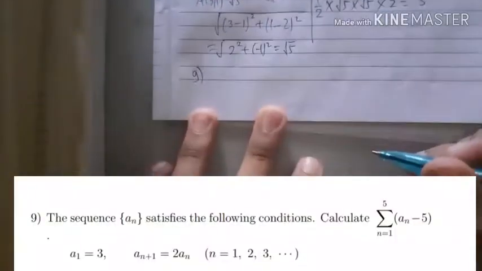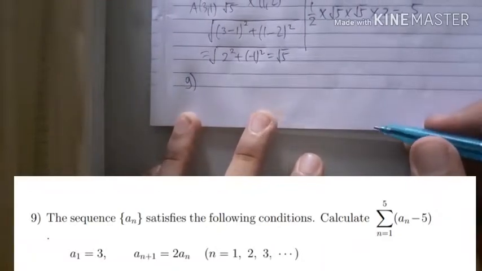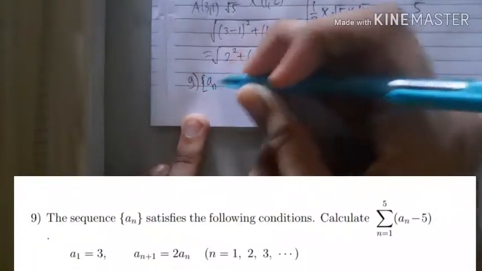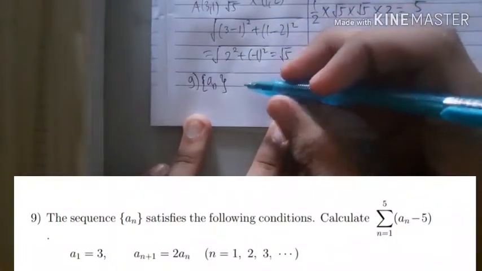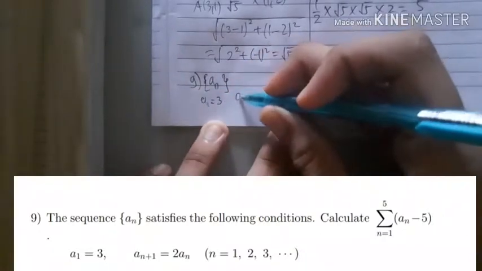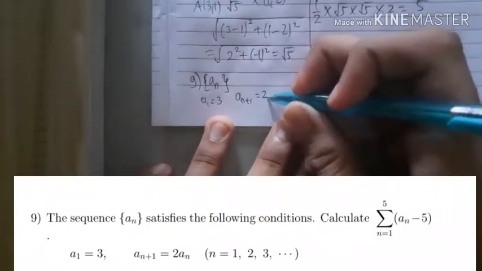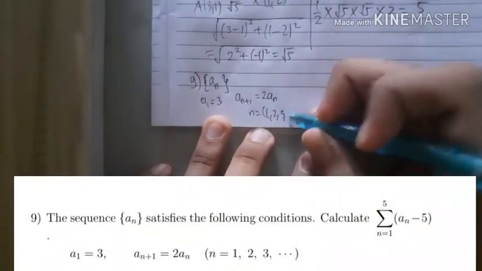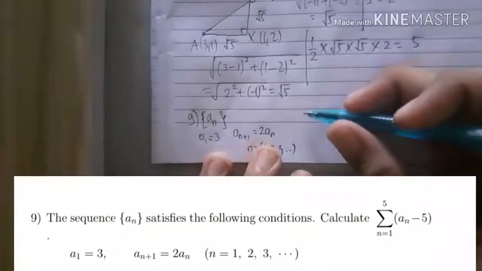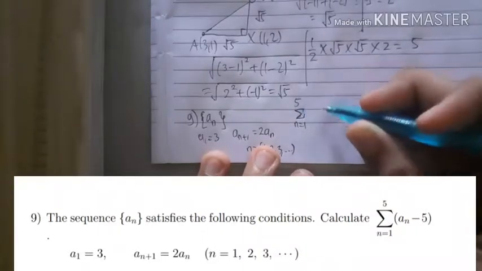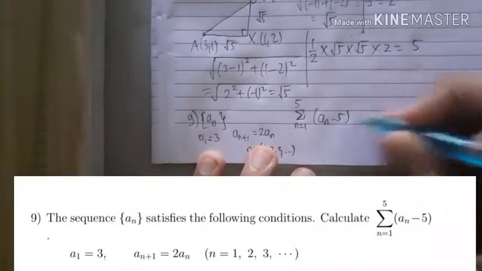Now let's go to number 9. Number 9 is about sequences and series. Let's say a sequence (a sub n) has the conditions a1 equals 3, a sub n plus 1 equals 2a sub n, for n from 1 to infinity, and we need to find the sum from n equals 1 to 5 of a sub n minus 5.